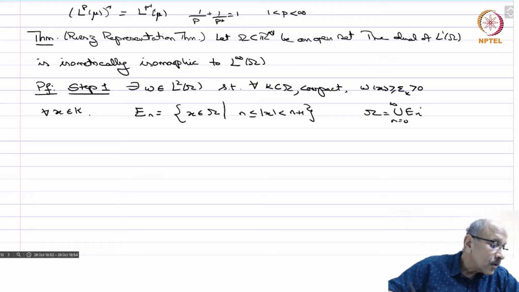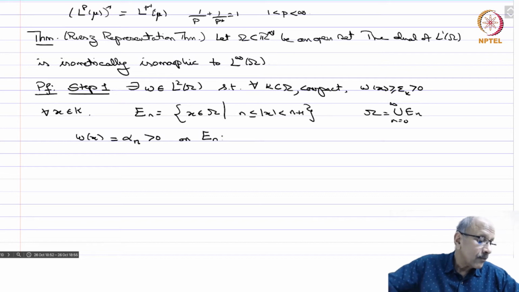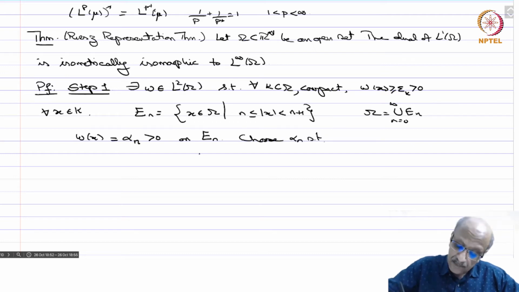Then you set W(x) equals alpha_n, strictly bigger than 0 on E_n, and choose alpha_n such that the sum over n from 0 to infinity of alpha_n squared |E_n| is finite.